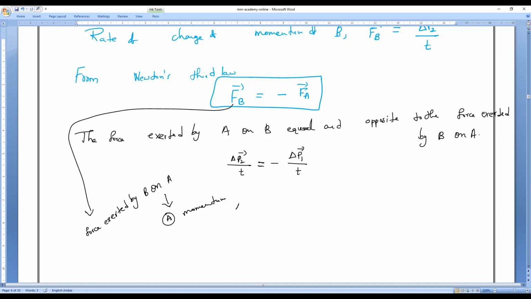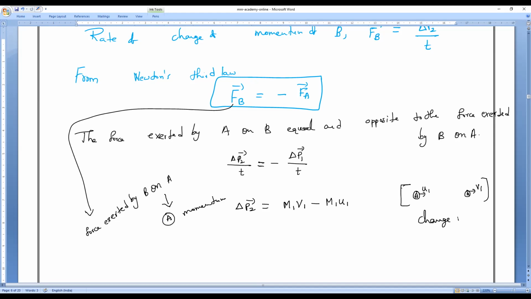Okay? In the sense of delta P2, I will say, final momentum of A minus initial momentum of A. Will you all agree with me or not? Yes, sir. Because initial velocity of A is U1, final velocity of A is V1. So what is the change in momentum formula?